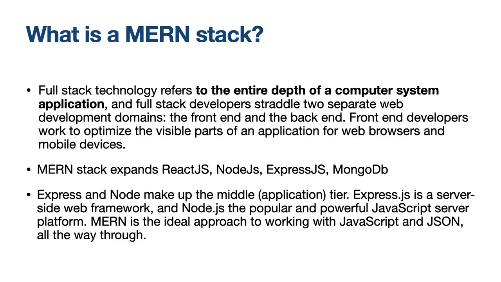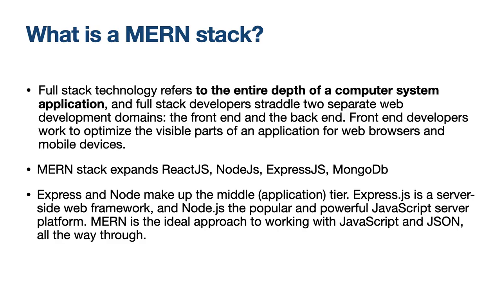Front-end developers work to optimize the visible parts of the application for web browsers and mobile devices, as well as the back-end developers who will be writing scripts for the server side. So, MERN stack expands for React.js and Node.js as well as Express.js and MongoDB. Express and Node make up the middle application tier, which is nothing but the server side.